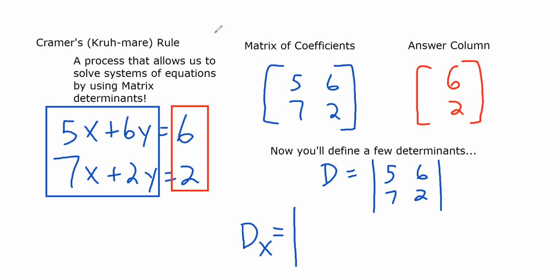So it's going to be 6, 2 will be the first column because that was the answer column. And then the second column of DX is going to be the same as the matrix of coefficients second column, which happens to also be 6, 2. That's just a coincidence that they're both 6, 2. And then DX is going to be what happens when you take that determinant.